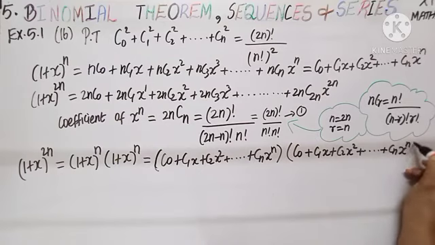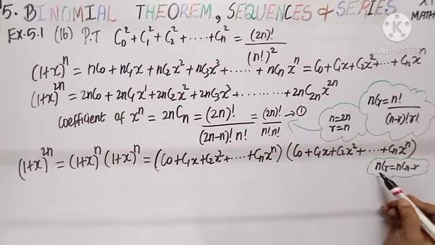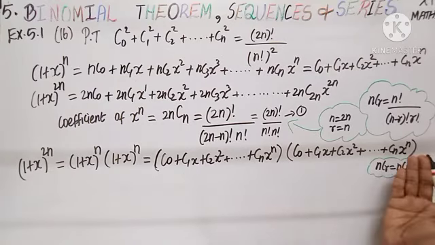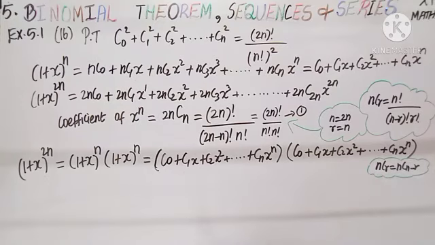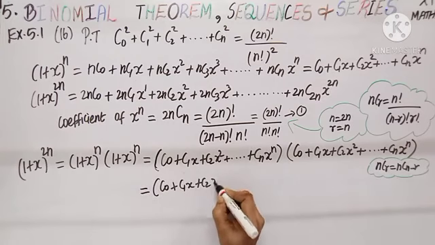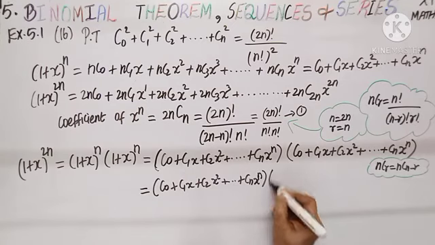Cn x power n. We know nCr equals nC(n minus r). That is, I can reverse the coefficients. Front to back, back to front, they are one and the same using this combination property. So this will be C0, C1 x, C2 x square and so on Cn x power n.